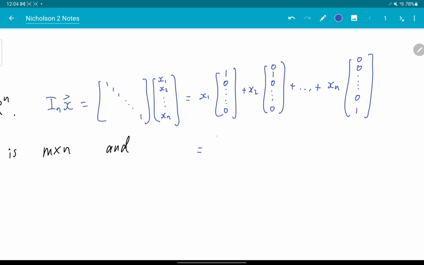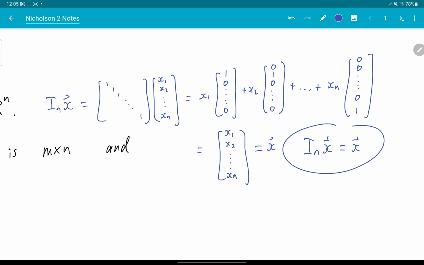And then what do you get? Well, you just get x1, x2, dot, dot, dot, all the way to xn, which is my original x. Okay, to summarize, In times x is always just x.